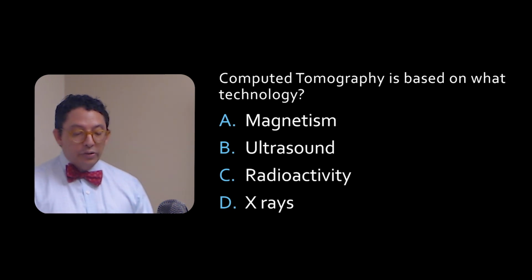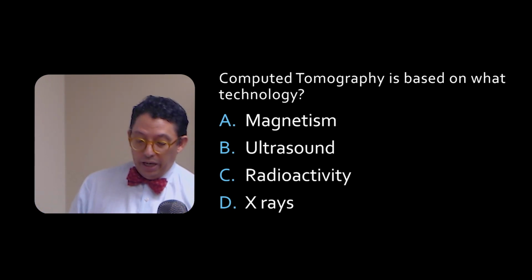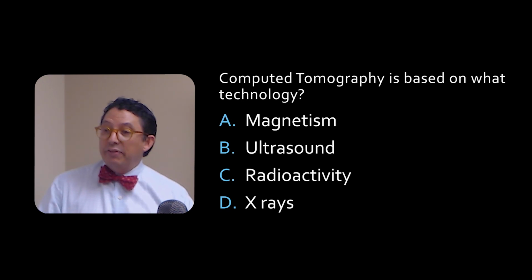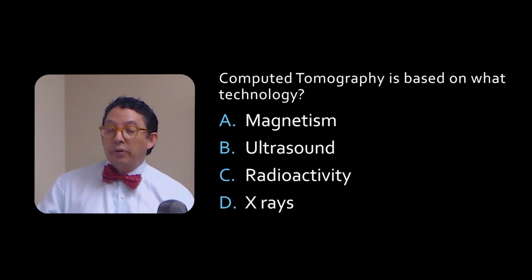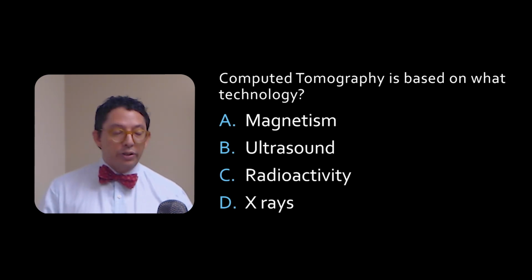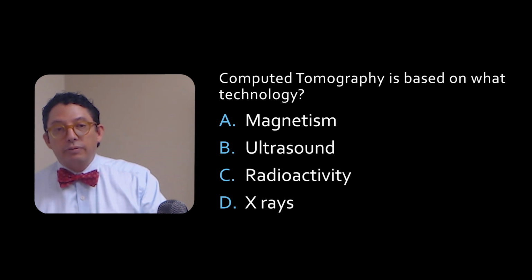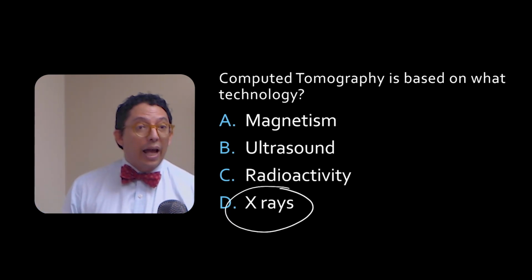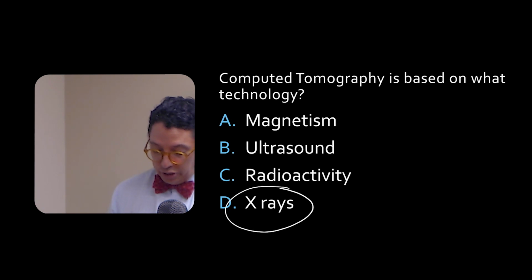So CT uses magnetism, ultrasound, radioactivity, which is emitting the rays internally, or is it X-rays? On which of these four technologies is CT based on? Great answer. Yes, it is X-rays. So CT is actually based on X-ray technology.